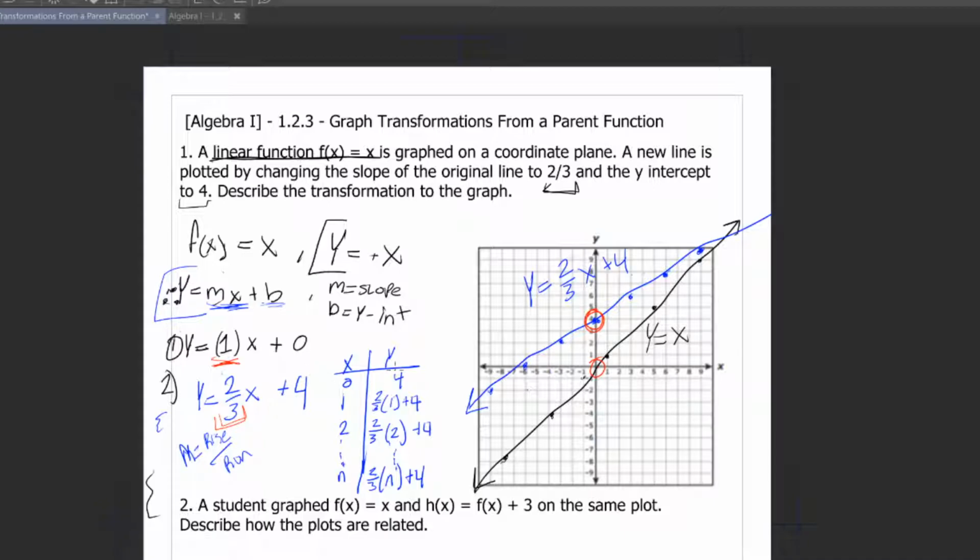So our slope decreased. Our rate of change here is not as great whenever we increase x, right? In the initial equation, y equals x, our rate of change was 1 x to 1 y.